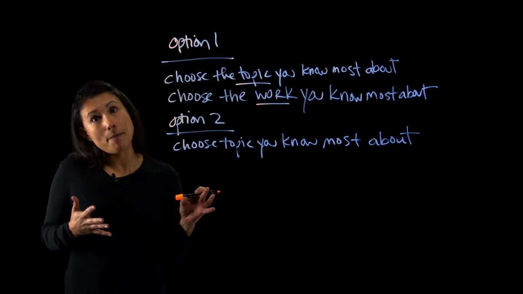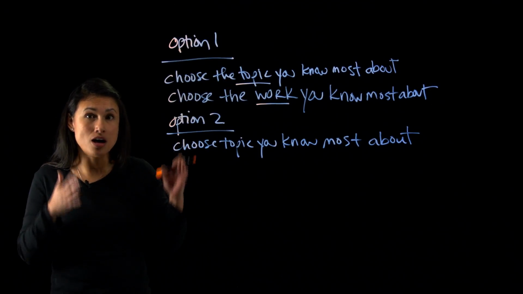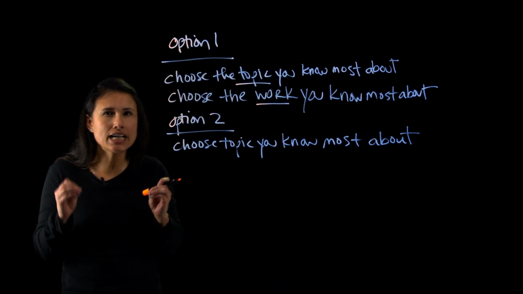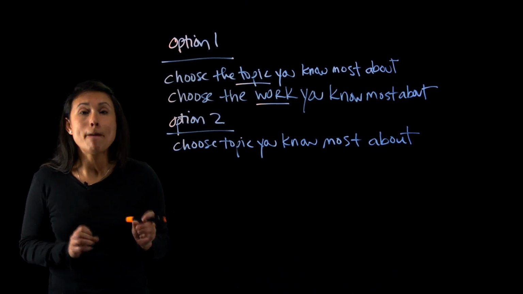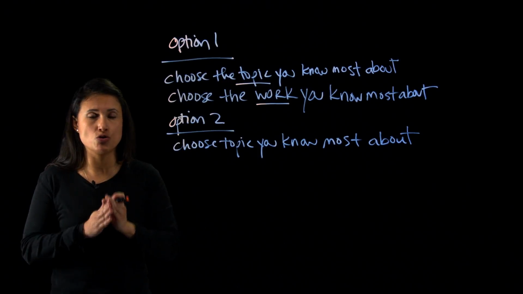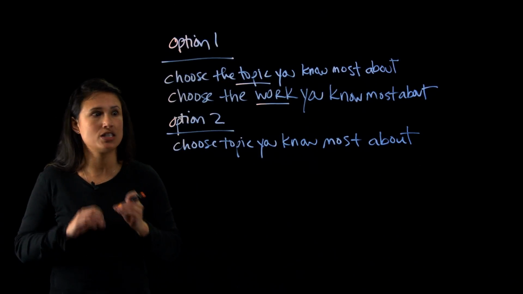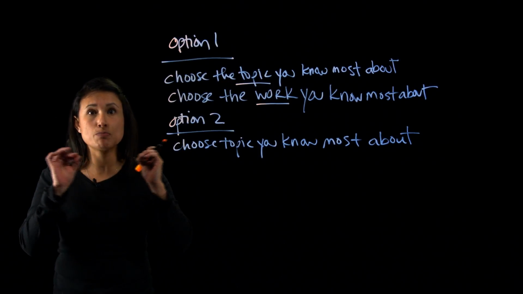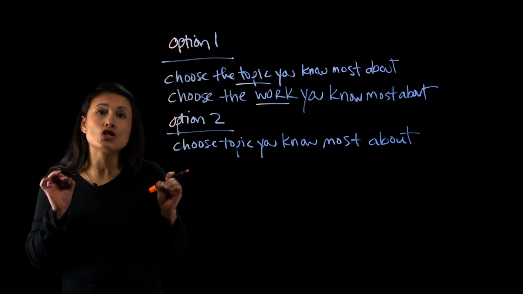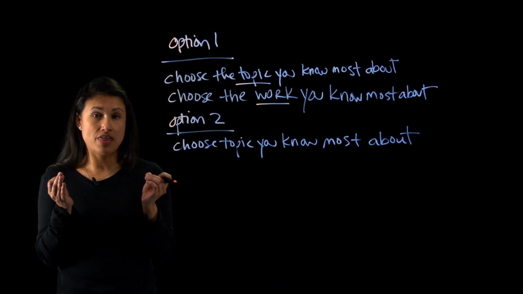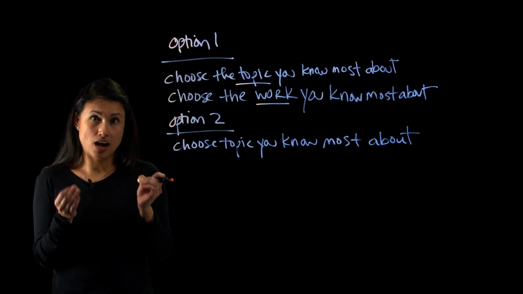Because what if the topic is attached to a list of works that you kind of know, but you don't really know, but you're sure that you know the topic? I mean, you could speak on the observation, you could speak on the criticism, you could speak on the theme, and you can even talk about other works that exemplify the topic.